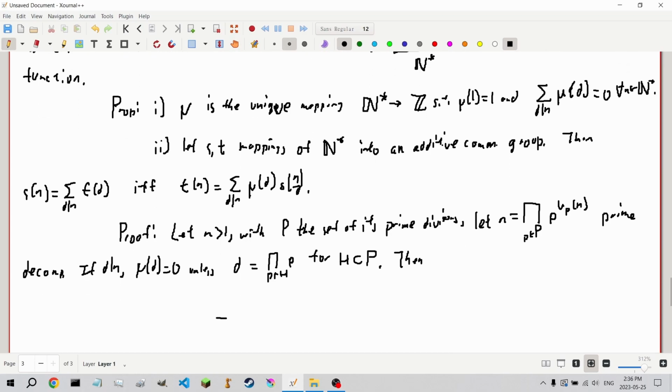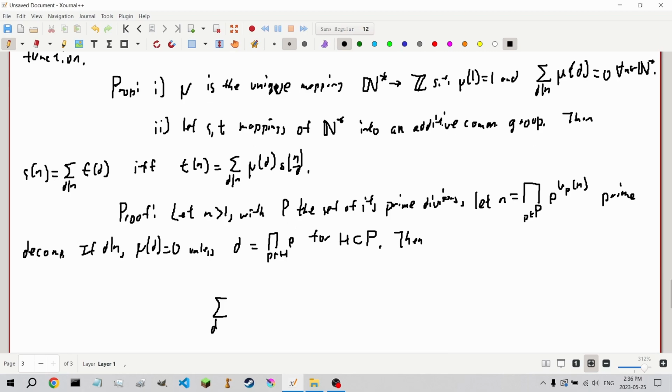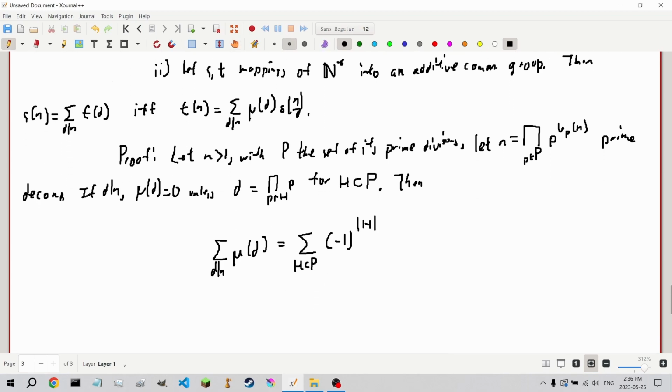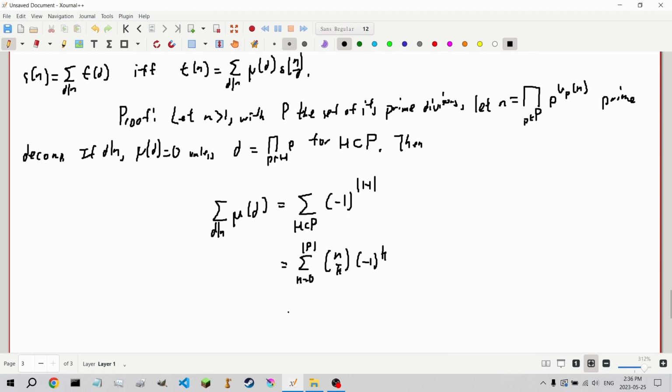Then the sum of d dividing n of Mobius of d is the sum for all H in P of minus 1 to the cardinality of H, which is the sum for k equals 0 to the cardinality of P of the binomial coefficient of the cardinality of P over k times minus 1 to the k, which is 1 minus 1 to the cardinality of P, which is obviously 0.